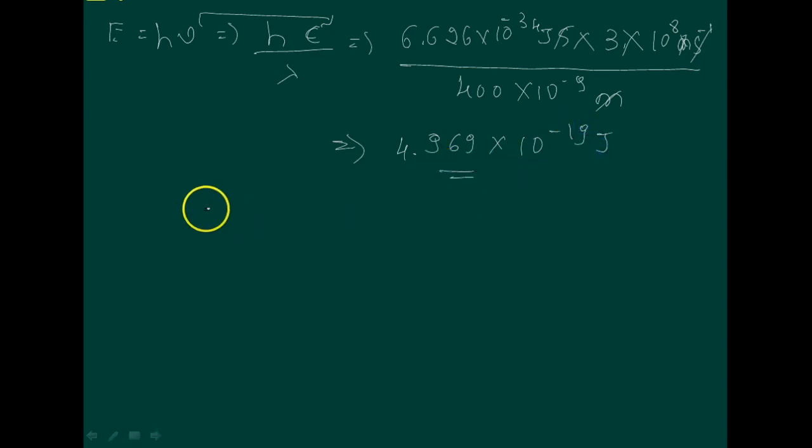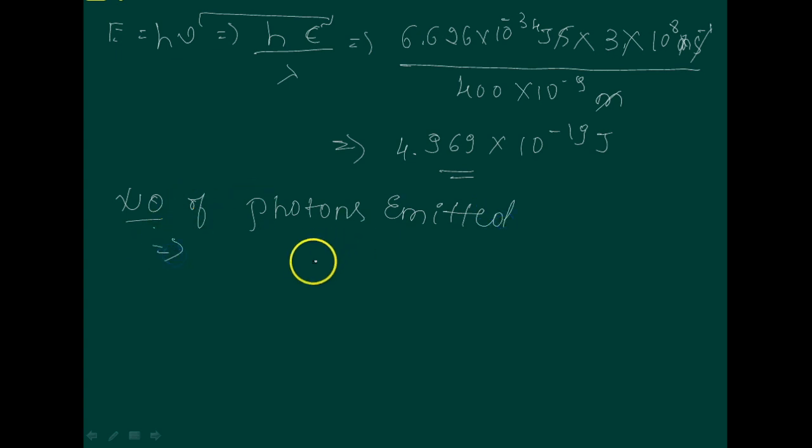So the number of photons emitted is equal to the power of the bulb, 100 watt, that is 100 joule per second, divided by the energy we got, 4.969 × 10^-19 joule.